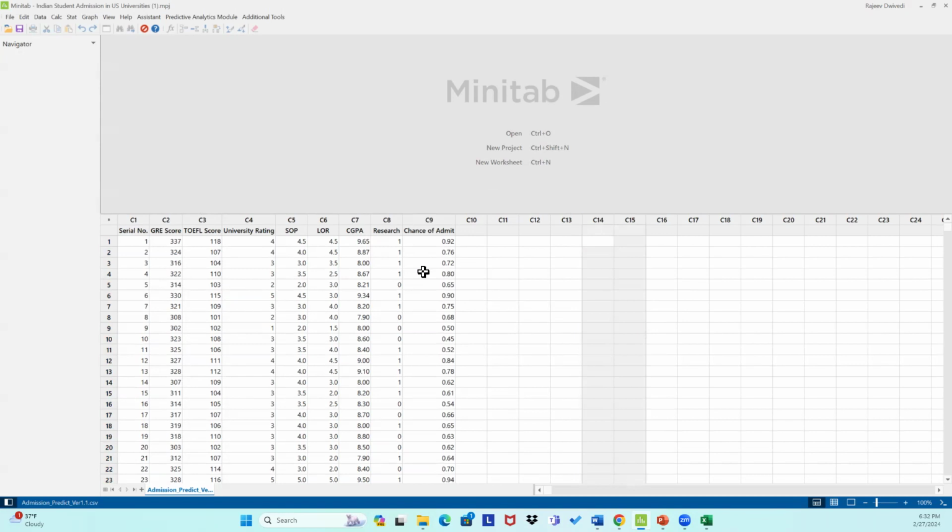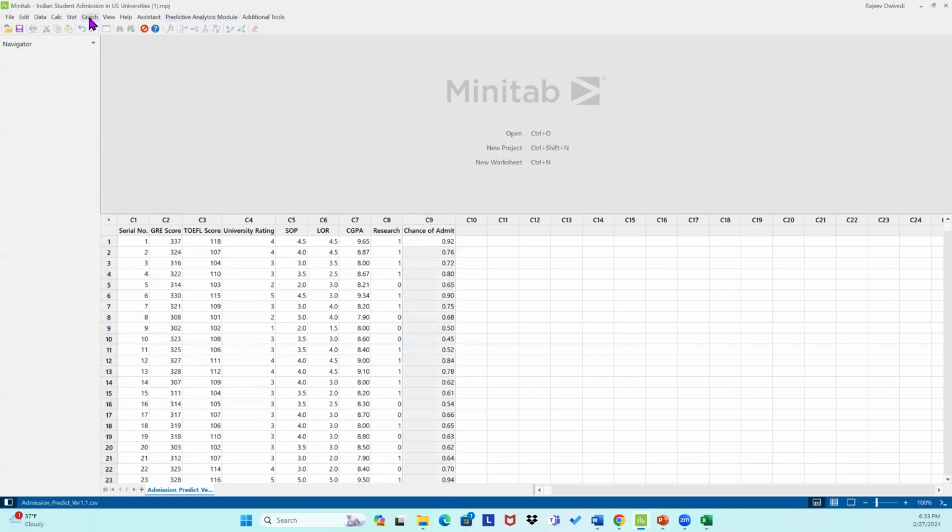I have some data about Indian students getting into US universities: chance of admission, their GRE score, English score, university rating, statement of purpose, letter of recommendation, GPA, which in India is on a 10-point scale, and whether it's a research or non-research university. Basically, chance of admission is the dependent variable and the rest are independent variables.